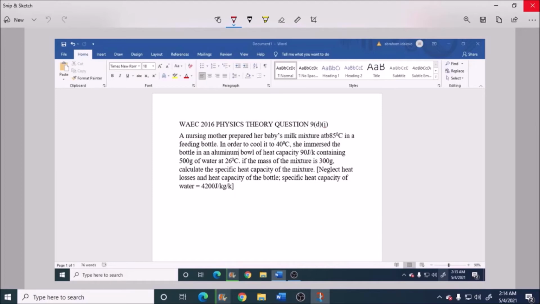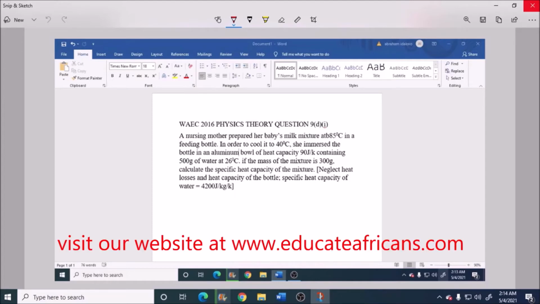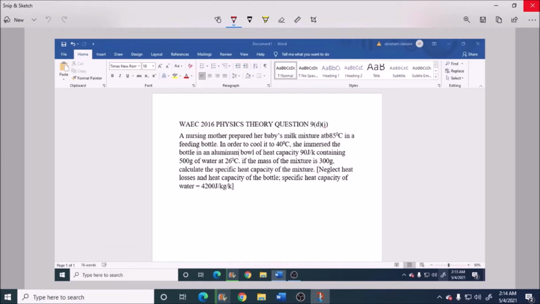In order to cool it to 40 degrees Celsius, she immersed the bottle in an aluminum bowl of heat capacity 90 joules per Kelvin containing 500 gram of water at 26 degrees Celsius. If the mass of the mixture is 300 gram, calculate the specific heat capacity of the mixture. Neglect heat losses and heat capacity of the bottle. Specific heat capacity of water is equal to 4200 joules per kilogram per Kelvin.